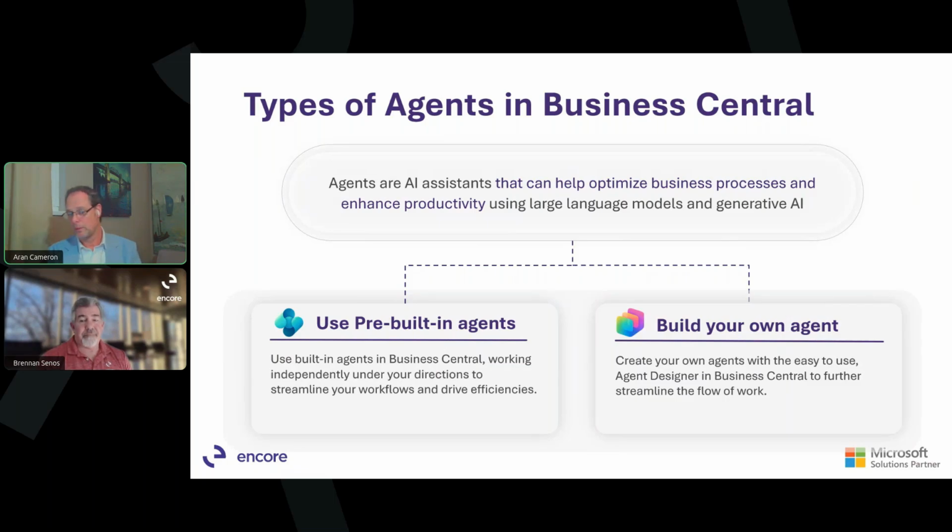In the past, you were always able to build your own agent, but you had to do so in Copilot Studio or the much more development-heavy applications that lived outside of Business Central. So the concept of bringing that agent build or agent designer inside of Business Central is rather compelling, but we'll save that for a little bit later in the presentation.